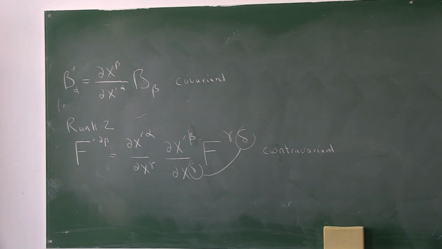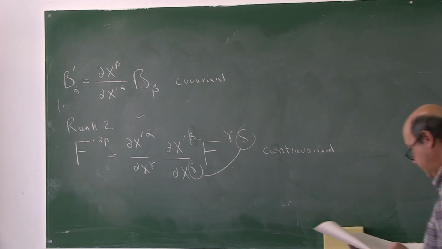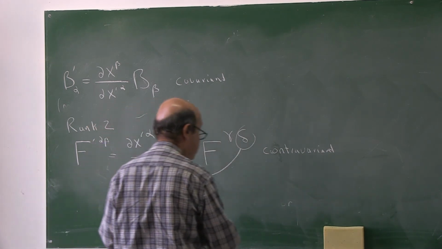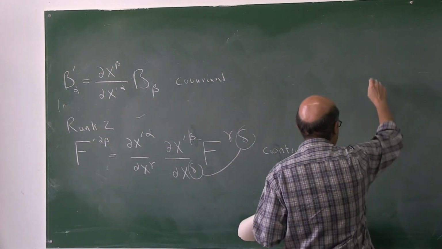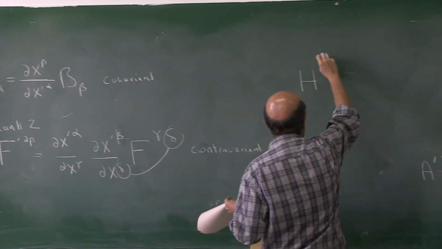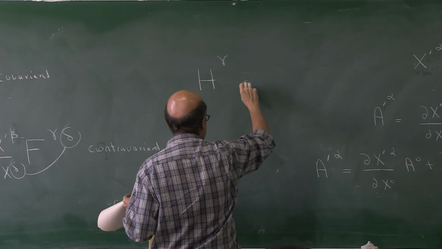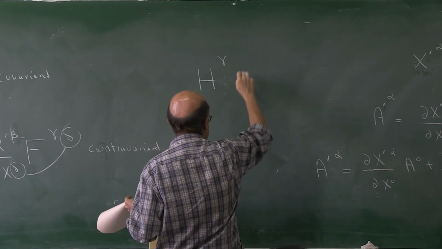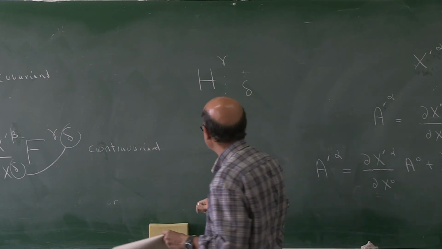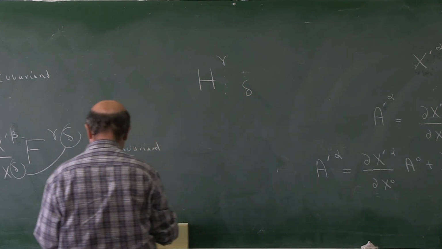Now I will show you the mixed one. Let us look at the mixed one, H^γ_δ. Allow a space, it's up to you; don't align the indices.